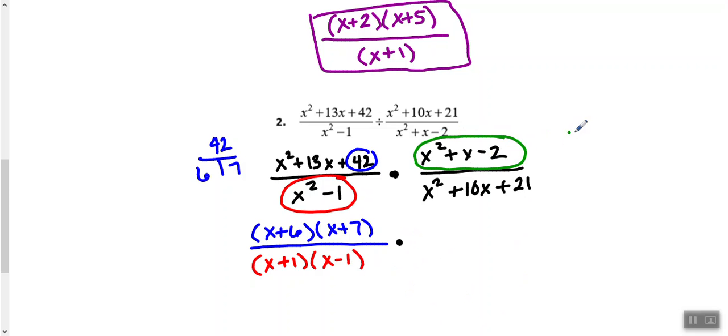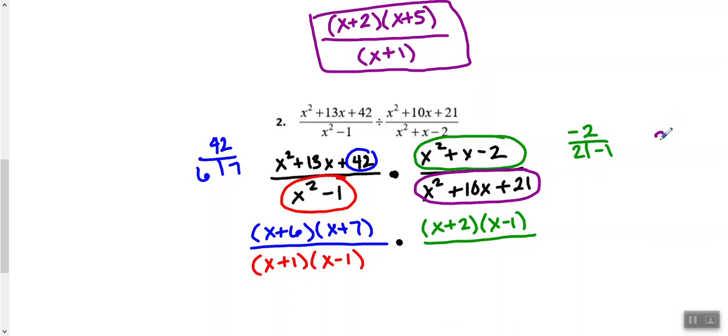Top of the second one, I'm looking for what multiplies to negative 2, but adds to a positive 1. That is positive 2 and negative 1. So that gives me x plus 2 and x minus 1 over the bottom, what multiplies to 21 but adds to 10, 7 and 3.